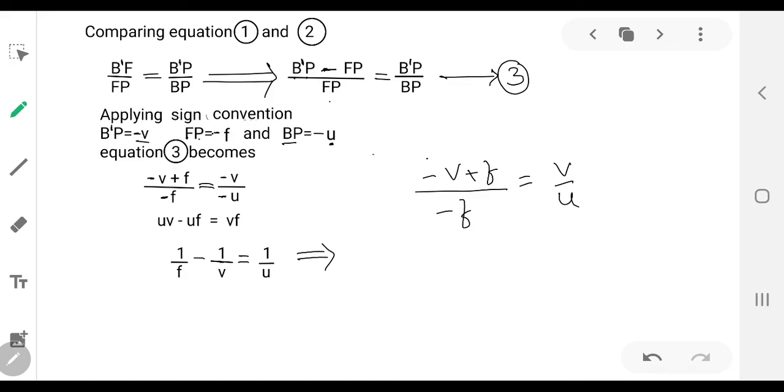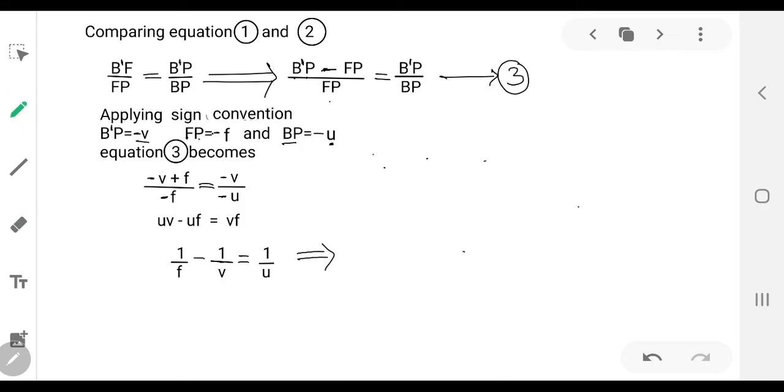Cross multiply. When you cross multiply, we can go with the minus sign only. This minus gets multiplied with the other side.